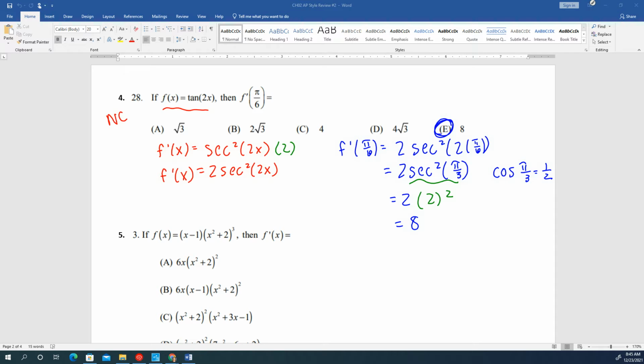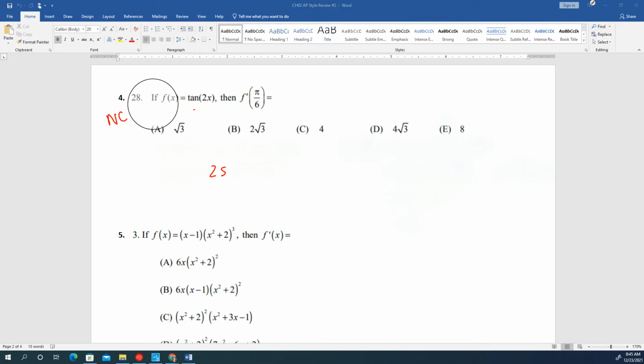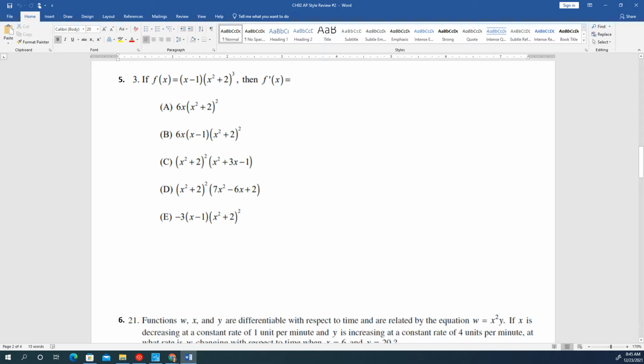Ooh, the next one. They want us to find the derivative of this. I'm going to need 2 different rules here. Definitely going to need product rule and chain rule. Okay. So here, I'll use Christmas colors.